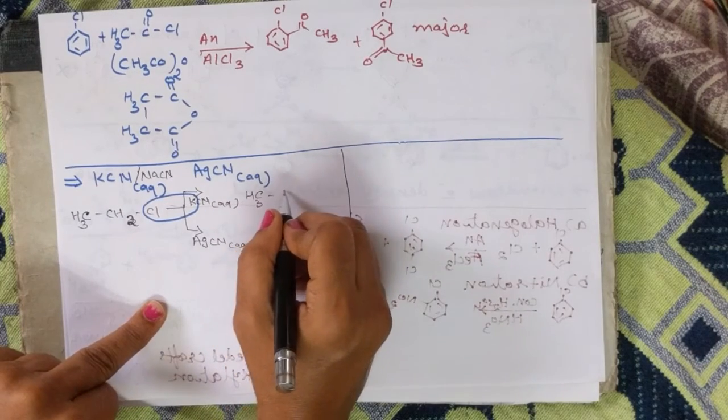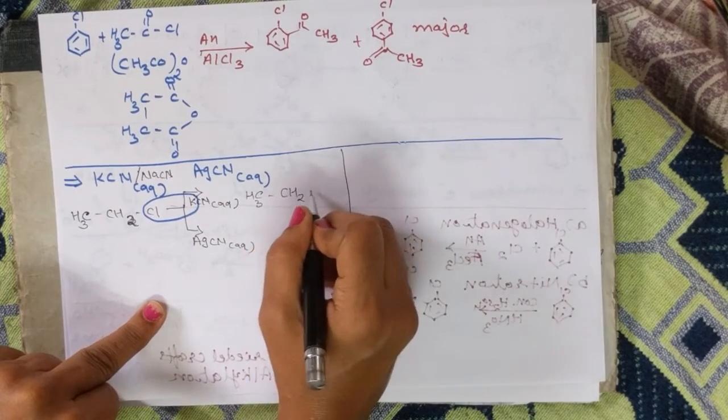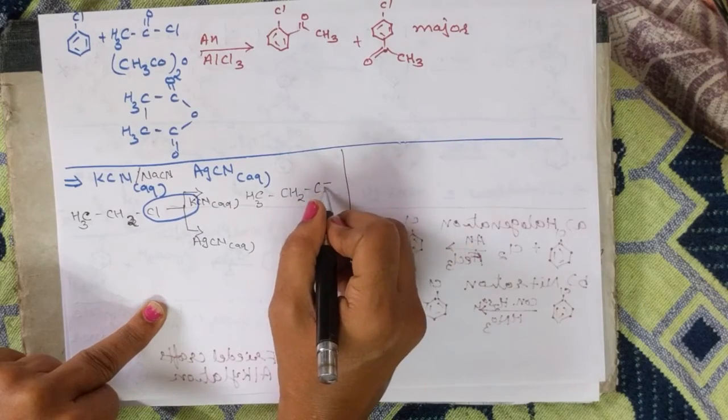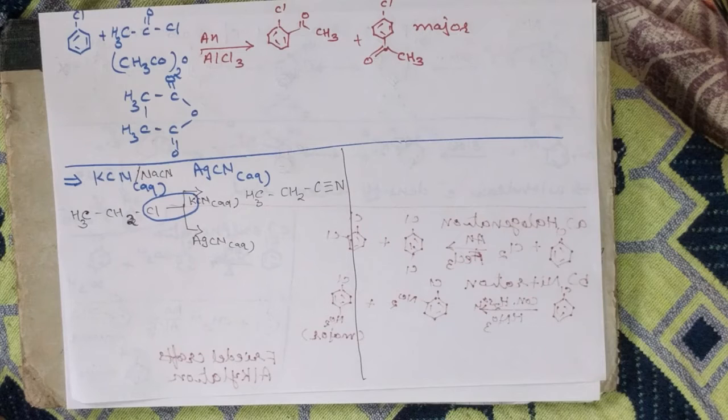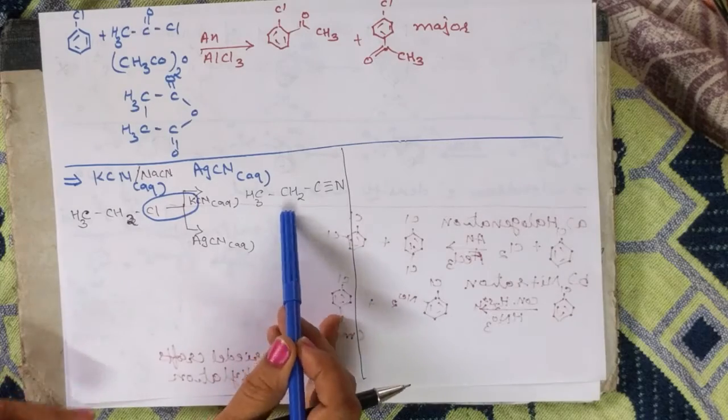So CH3, CH2, C triple bond N means cyanide. Here the product is cyanide. So the C triple bond will attach directly with the carbon.